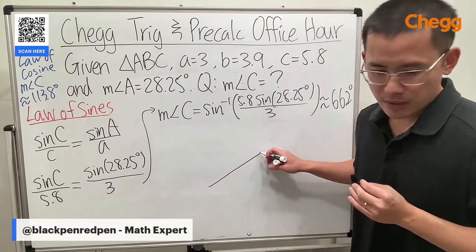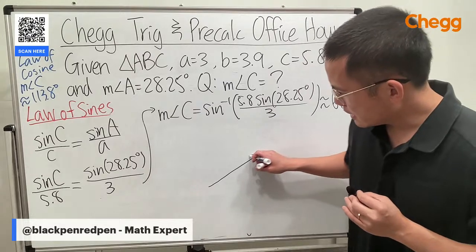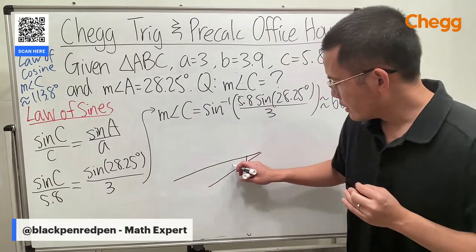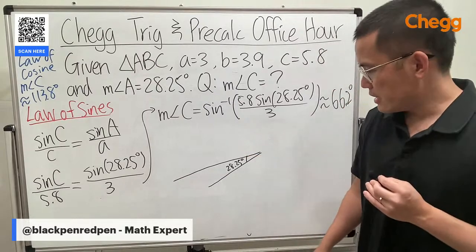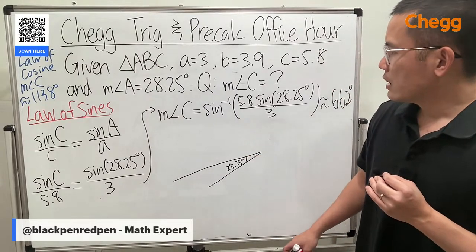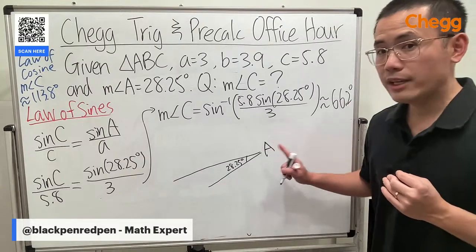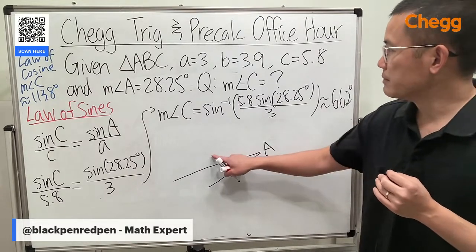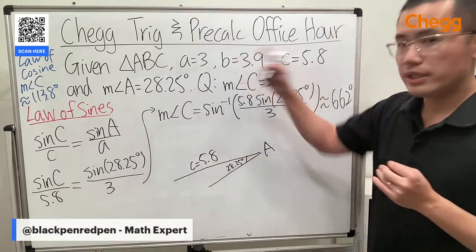So this is my 28.25 degrees, something like this. And then I'm going to label, let's say this is my angle A. I'm going to say this is my C, which is 5.8, which is the longest in the triangle.